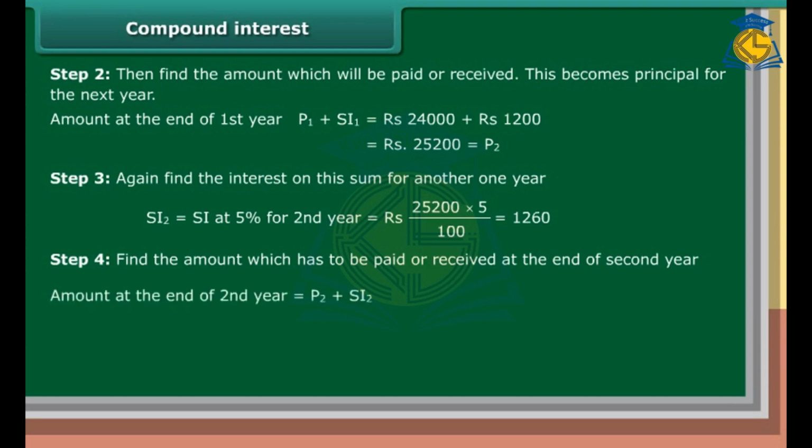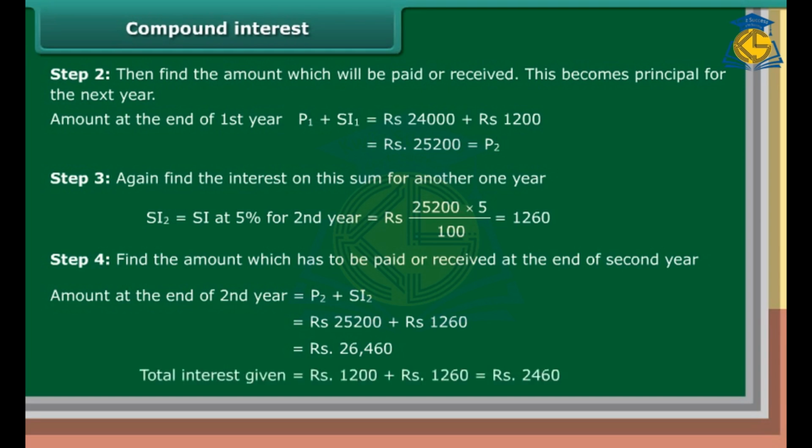Step 4. Find the amount which has to be paid or received at the end of second year. Amount at the end of second year is equal to P2 plus SI2 is equal to rupees 25,200 plus rupees 1,260 is equal to rupees 26,460. Total interest given is equal to rupees 1,200 plus rupees 1,260 is equal to rupees 2,460.